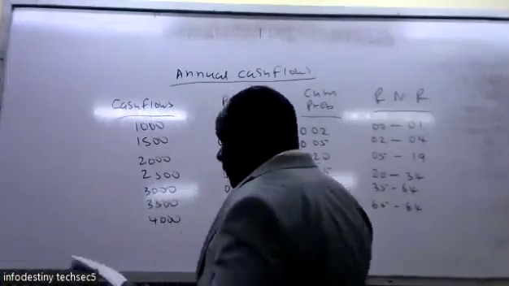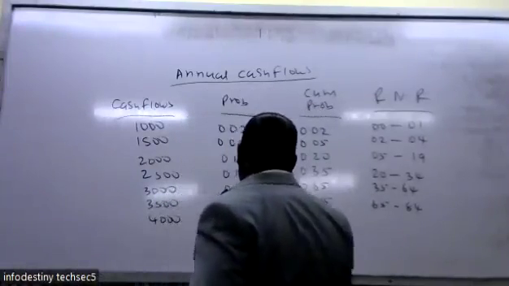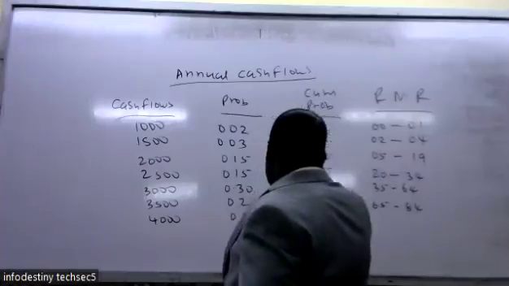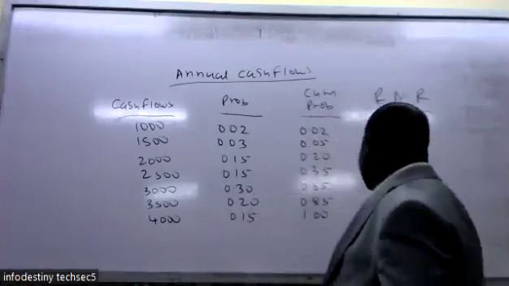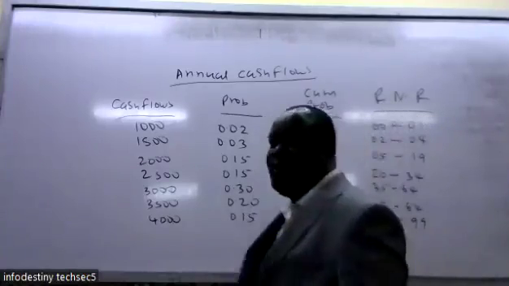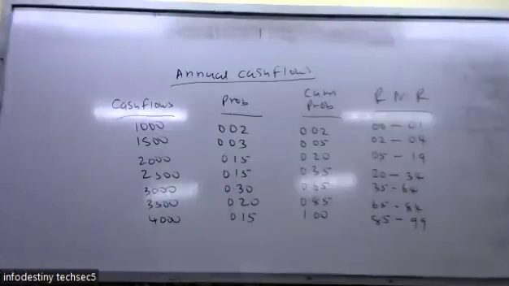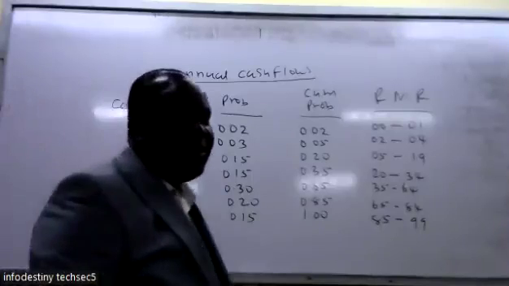It is 0.15, so cumulative will be 1.0. So you start from 85 to 99. So that is now the random number range for the annual cash flows.